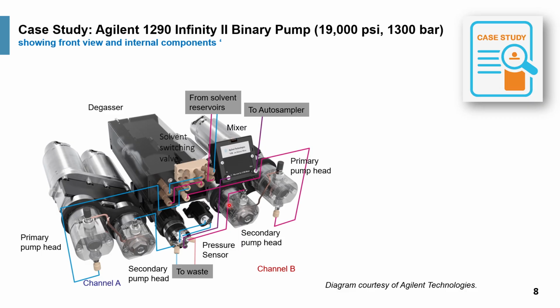These are dual piston in series, so you have a primary pump head and secondary pump head. There are also accessories. There's an automated switching valve, which allows you to do priming in an automatic fashion.